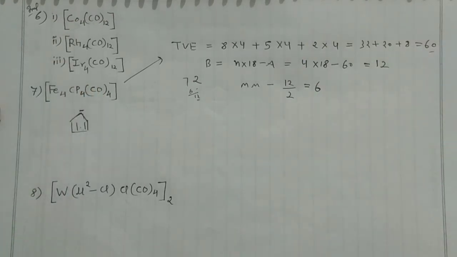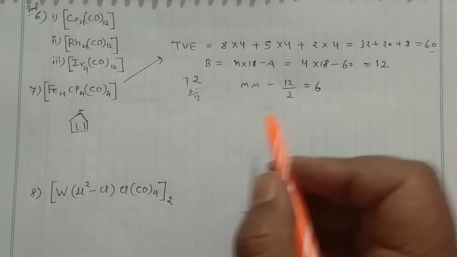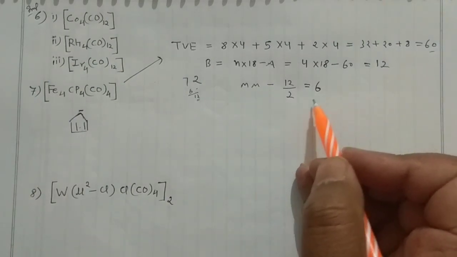Let me check whether I have missed something. No problem in that. So you are getting 6 metal bonds.